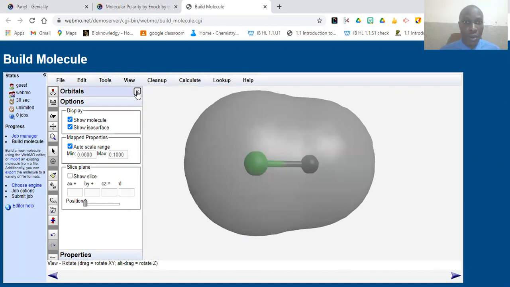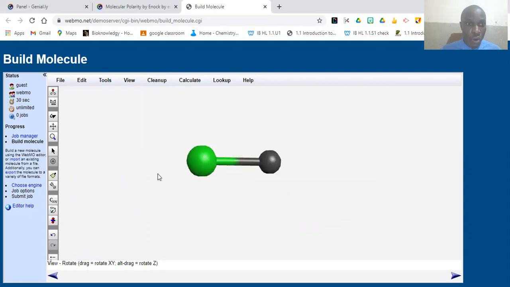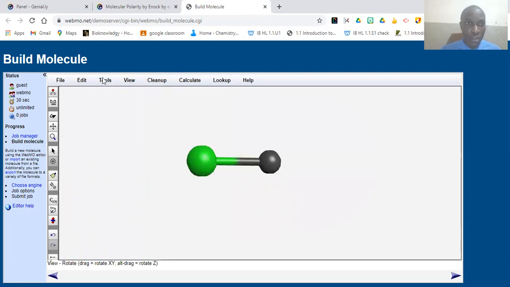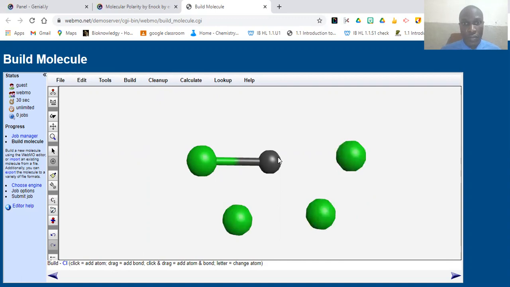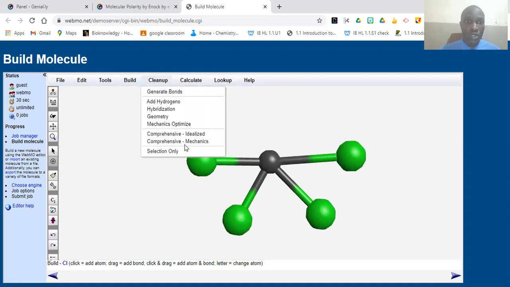It is polar. Let's add more chlorine atoms. That is 1, 2, 3, and that. Sorry. Let's get the idealized structure first of all.